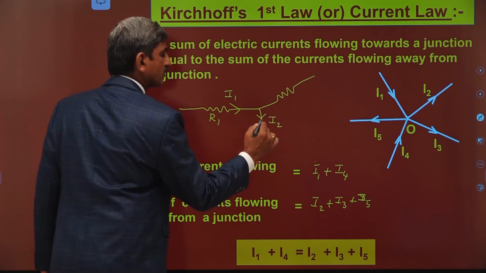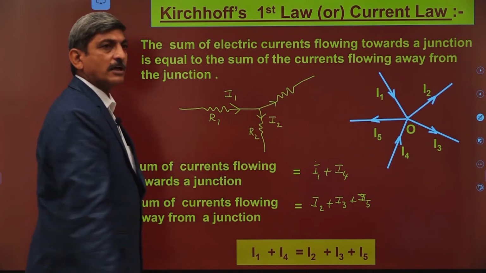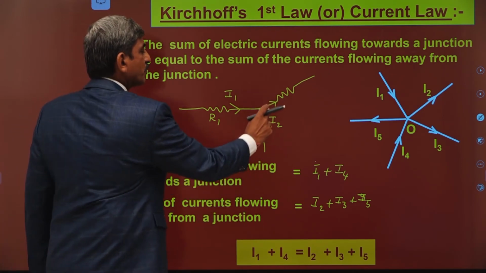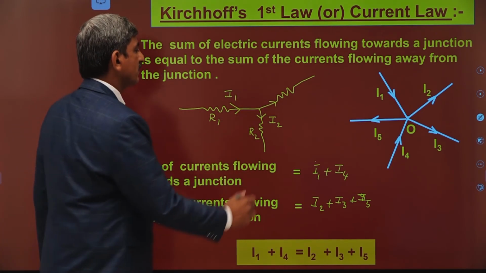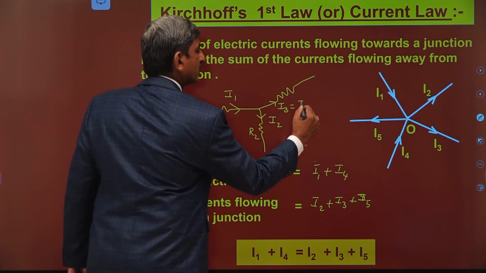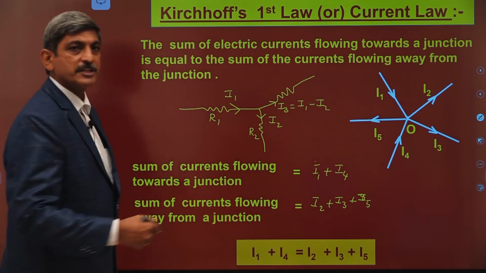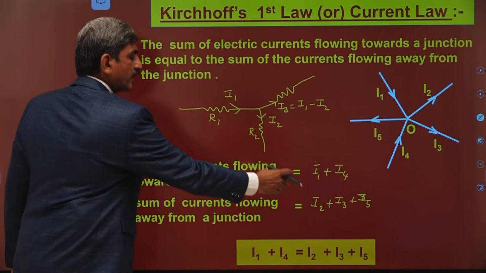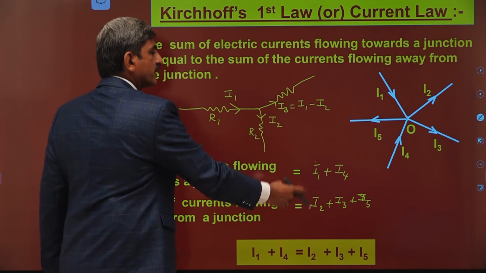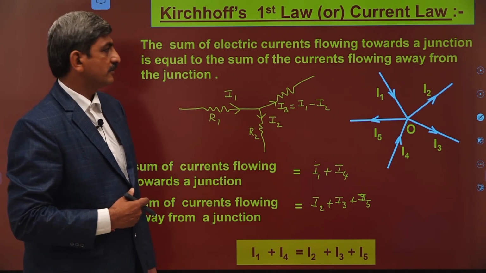If we want to determine the current passing through the third branch, we use Kirchhoff's law. The sum of these two currents must be equal to this current. From that we can write I3 is equal to I1 minus I2. While solving problems, we use Kirchhoff's law to determine the currents passing through the different branches of the circuit.